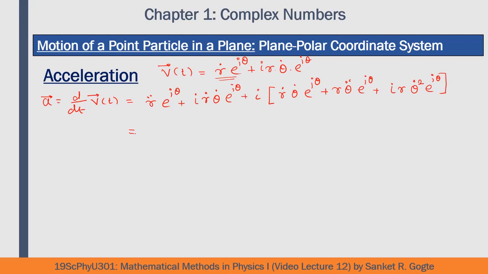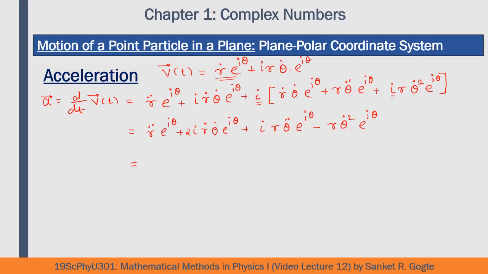So this is equal to r double dot e to the power i theta plus 2 i r dot theta dot e to the power i theta plus i r theta double dot e to the power i theta, and the last term, since we have multiplication of i with i, is negative and there is no imaginary number in there. It is minus r theta dot whole square e to the power i theta.